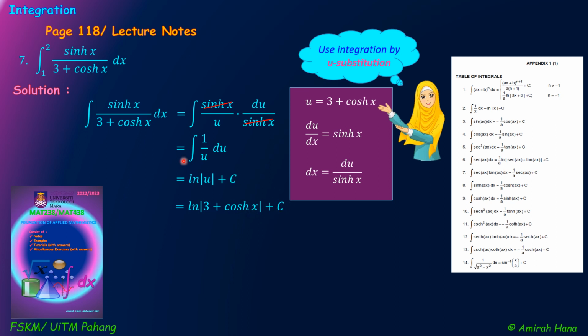But this is only the indefinite integral. The question asks for the definite integral, integrate from 1 to 2. So to evaluate the integration from 1 to 2 of sinh x over 3 plus cos x dx, we just take the earlier answer. It equals ln modulus 3 plus cos x, but without plus c.